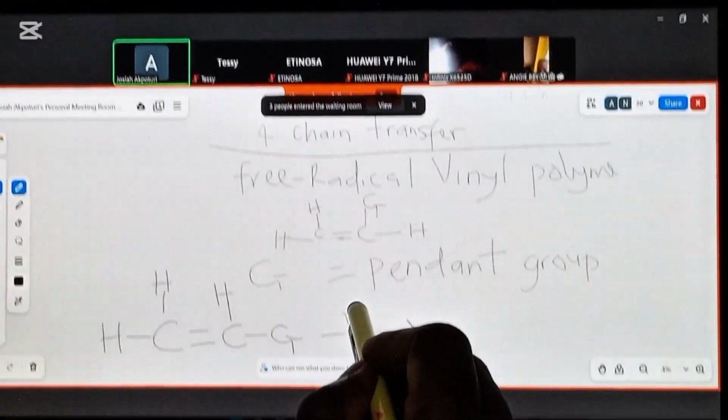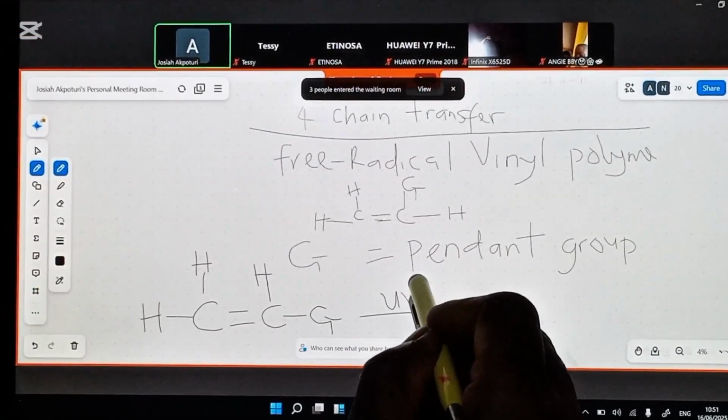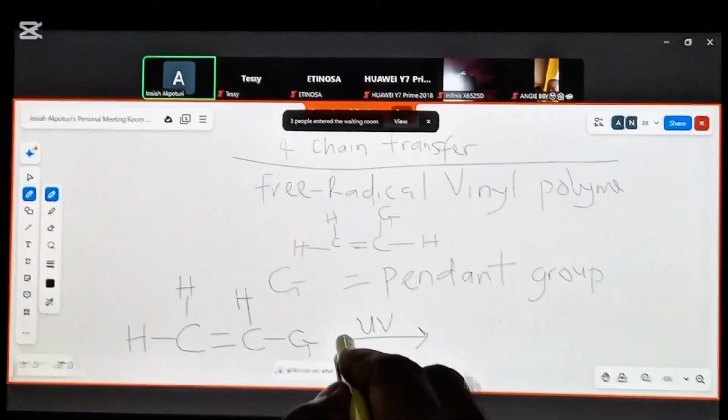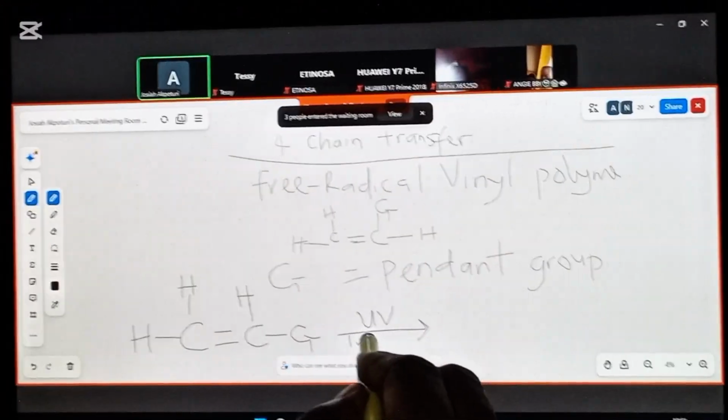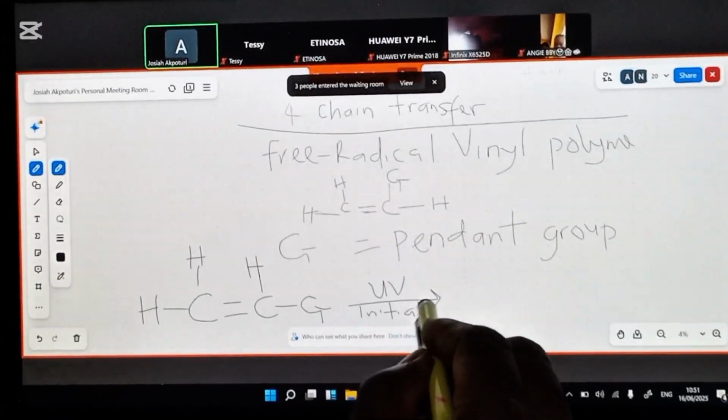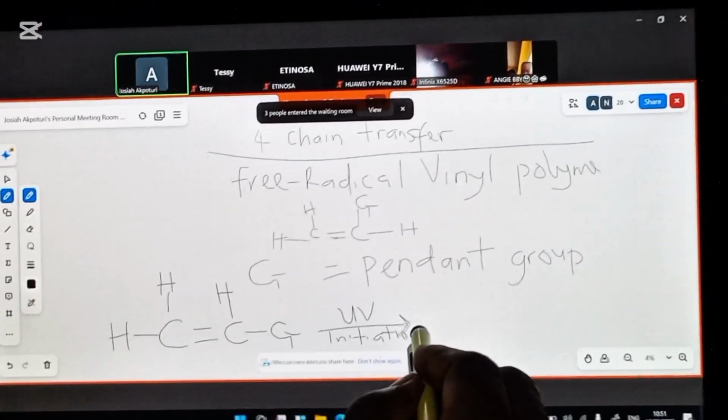What will initiate it? What initiates it is UV light. So UV light is called an initiator. So this is the process of initiation. You initiate it with UV light to produce a radical.